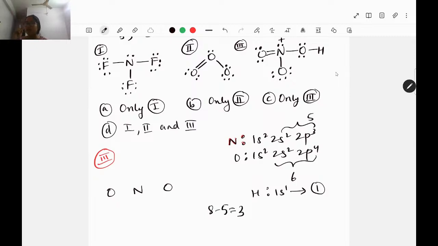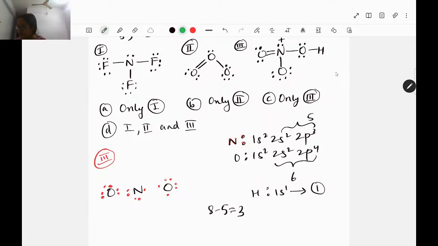So nitrogen requires 3 electrons to complete its octet. So nitrogen has 1, 2, 3, 4 and 5. And the oxygens over here, they again require 2 valence electrons: 1, 2, 3, 4, 5, 6, and 1, 2, 3, 4, 5, 6. Okay, now let us draw the bonds.